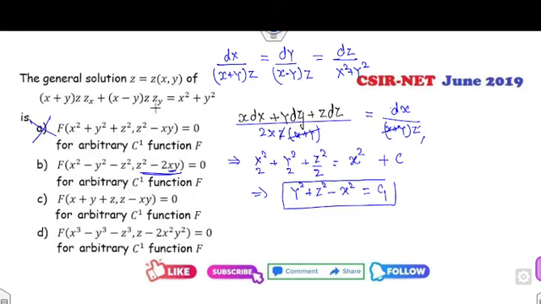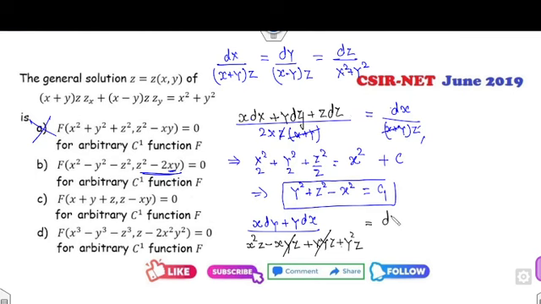Fine. So what you can do is I can check with x into dy, y into dx. What will happen? x into dy, that means x square z minus xyz. Multiply this by y dx, xyz plus y square z. So clearly this is x square plus y square.